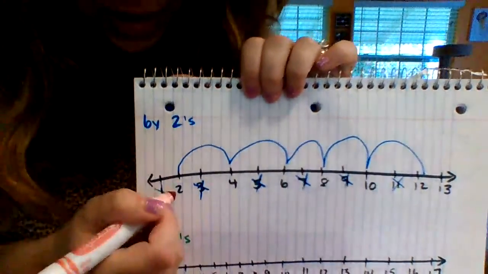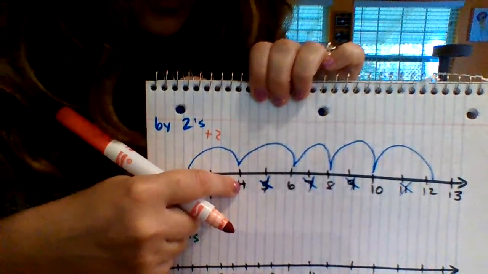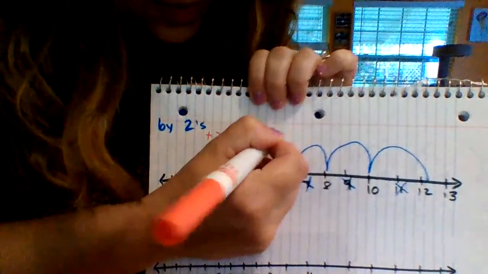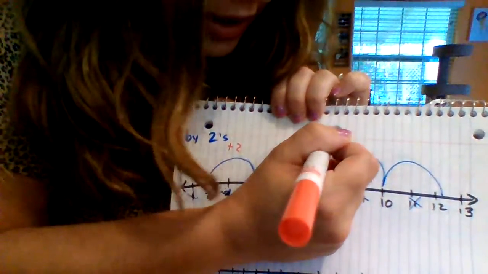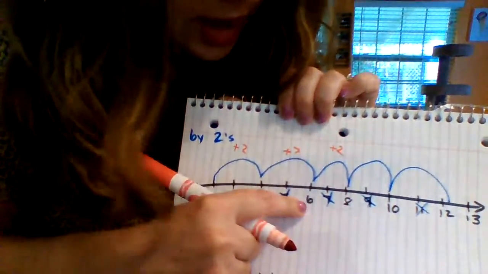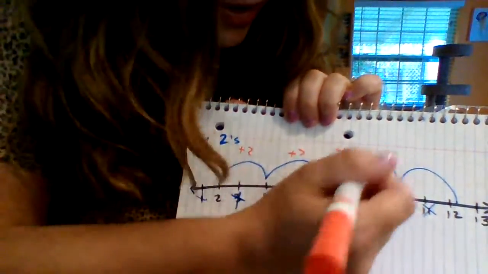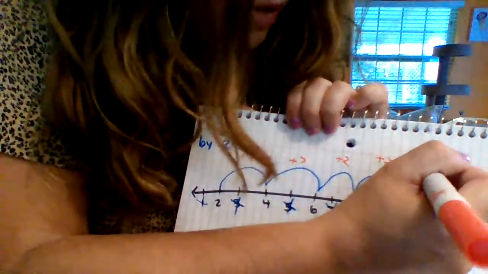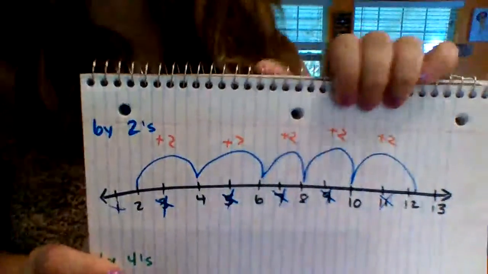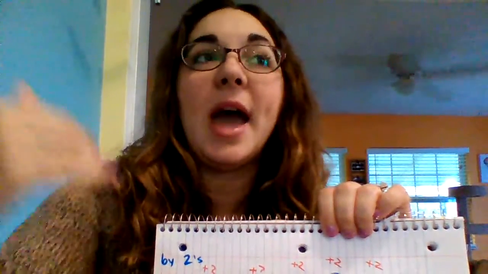Let me show you. 2 plus 2 is 4, right? 4 plus 2, 4, 5, 6 is 6. Ooh. 6 plus 2, 6, 7, 8. Ooh, 8, okay? Plus 2 is 10. Yes, 10 plus 2 is 12, okay? So if we wanted to keep skip counting by twos on and on and on, we would just have to keep adding 2.